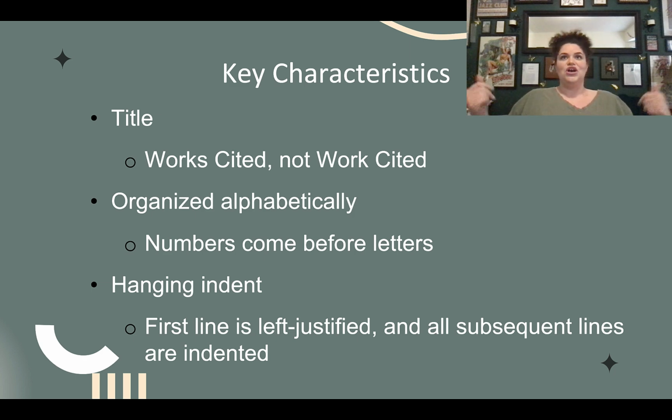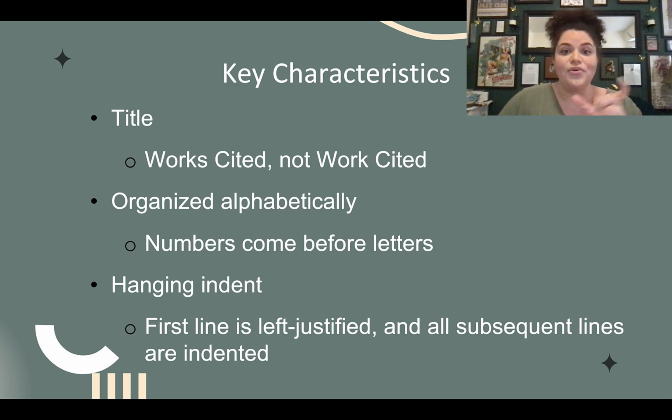So if you have last name Brown and last name Salinger, Brene Brown's citation is going to come first because B comes before S, right? So all of your citations should be listed and organized alphabetically. Please also know that numbers come before letters in alphabetical order, okay?